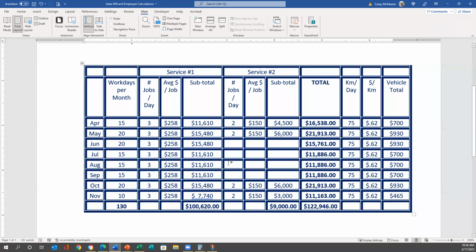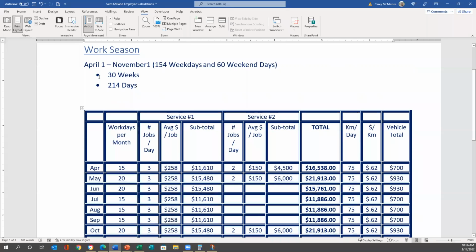And what I've worked out is because it's a seasonal business and the business will run from April 1st to November 1st. This represents 154 weekdays and 60 weekend days. So 30 weeks, a total of 214 workable days for the season.